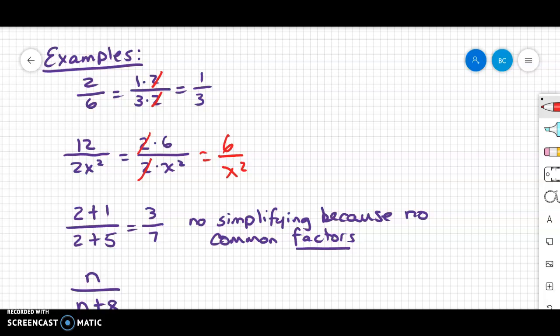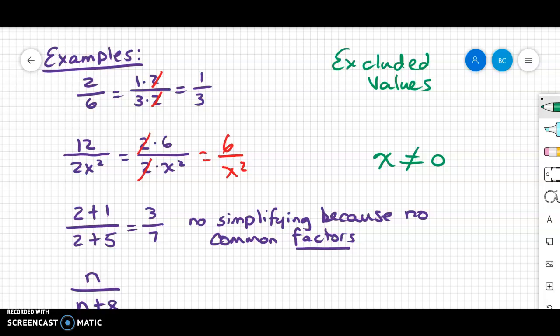So a lot of times when we're simplifying, we also have to answer the question about the excluded values. In this one, we don't have an excluded value because we don't have a variable. On this one, my excluded value is going to be 0. I would either say that 0 is an excluded value, or that x can't equal 0, or that the excluded value is x equals 0.